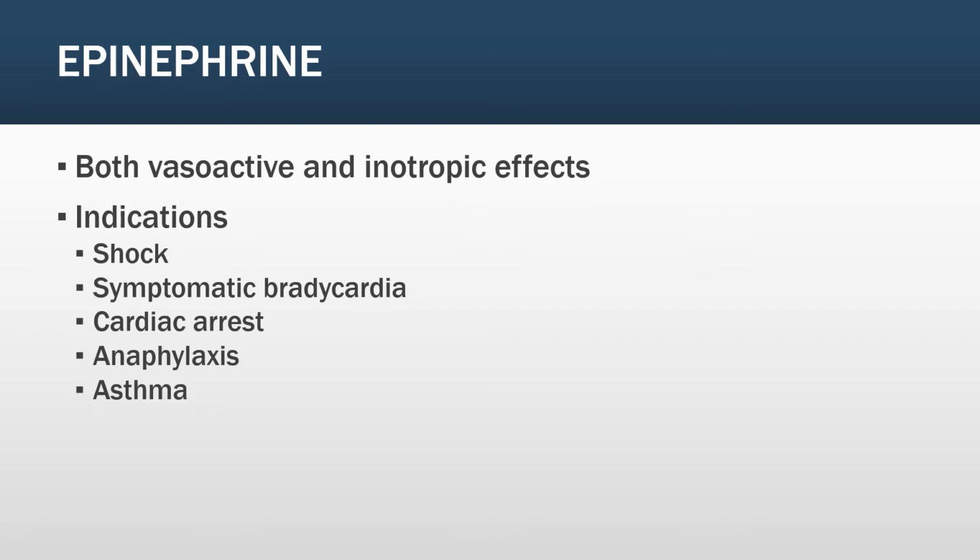That said, epinephrine is only a first-line choice in the treatment of anaphylactic shock. Epinephrine is also a first-line choice in many of the ACLS algorithms, such as cardiac arrest, and is also useful as adjunct to treatment of symptomatic bradycardia and asthma.